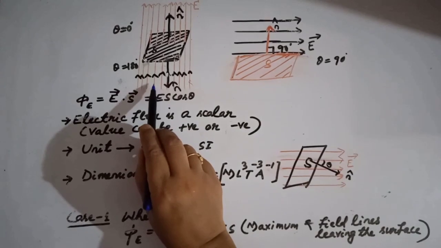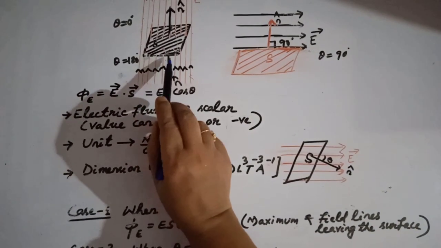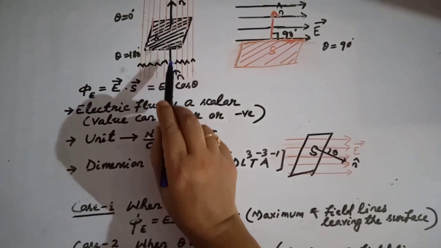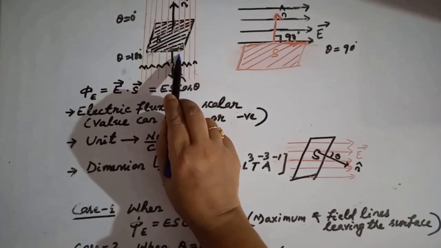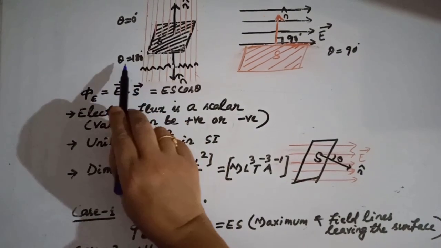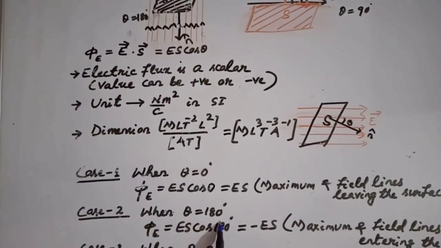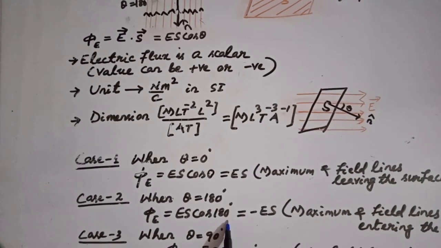But if you consider the surface just below, the area vector is downwards. Downwards means perpendicular to the surface and outward to that surface. For that area vector and the electric field, the angle is 180 degree. When the angle is 180 degree, phi is equal to Es cos 180 degree.